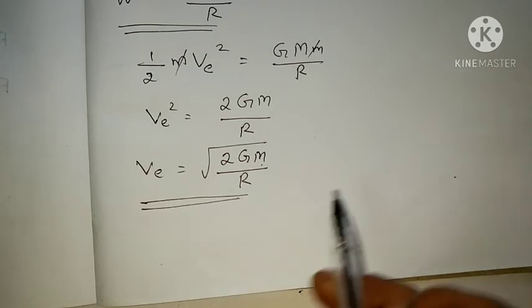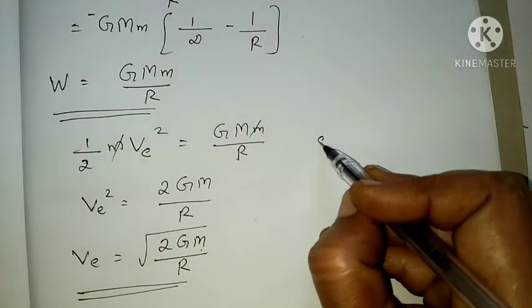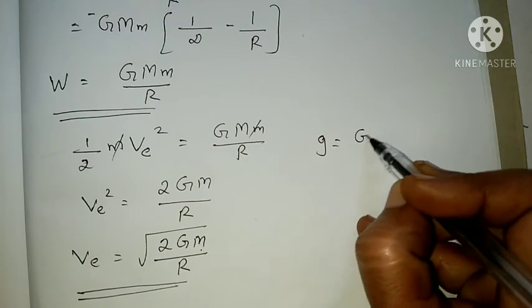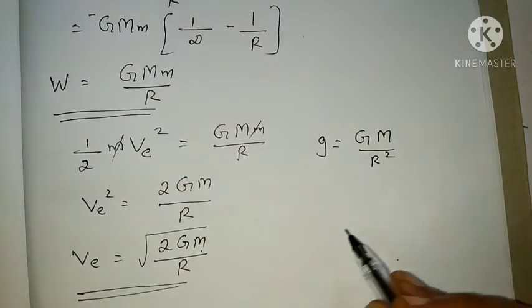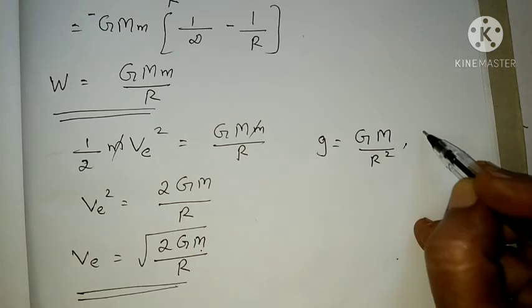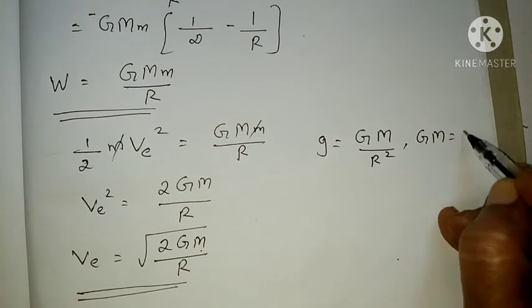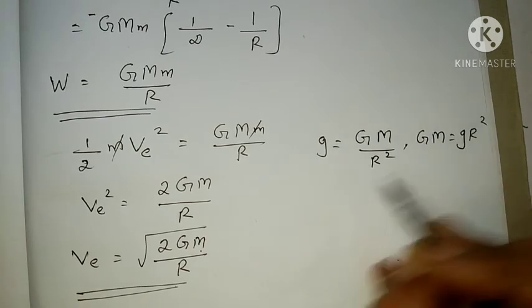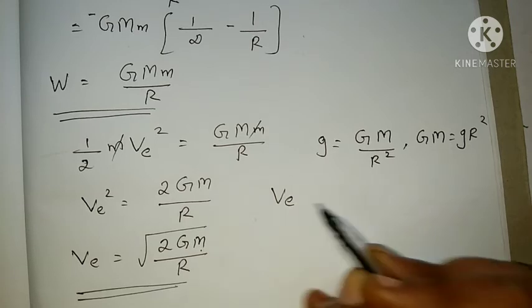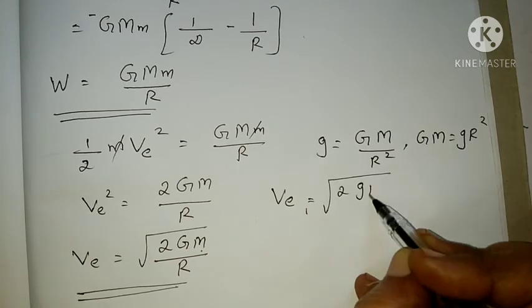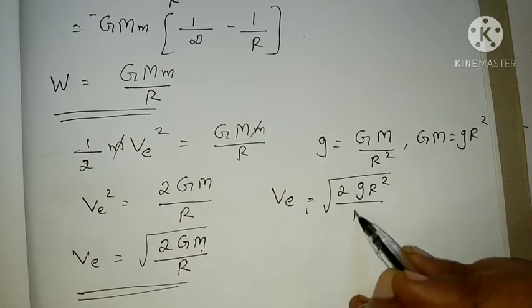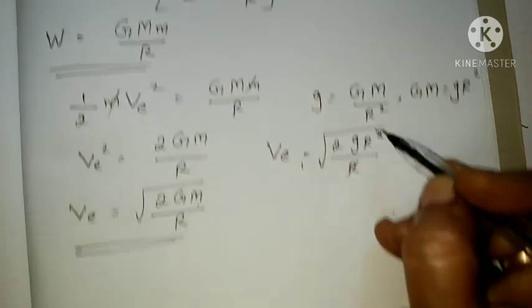Then we already studied that small g equals GM divided by R square. Then what is GM here? GM equals g R square. So we can substitute here, v equals root of 2 into g R square divided by R. So R and R will cancel.